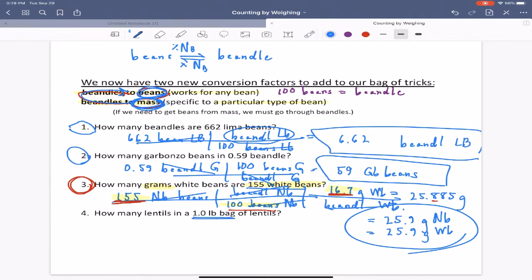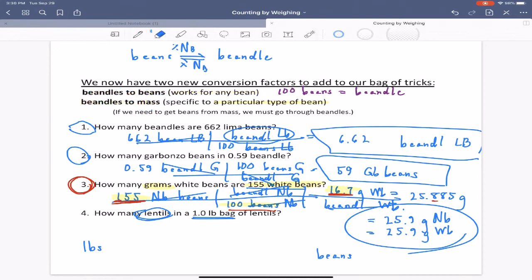Here's a 1 pound bag of lentils. So I'm starting with 1.0 pound of a lentil. And I'm headed to how many individual beans. And so first I want to make a roadmap. I'm going to go from a mass in pounds, and I'm headed to individual unit beans.